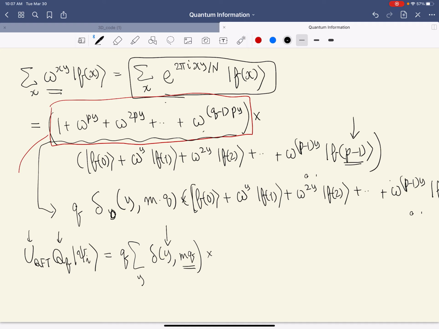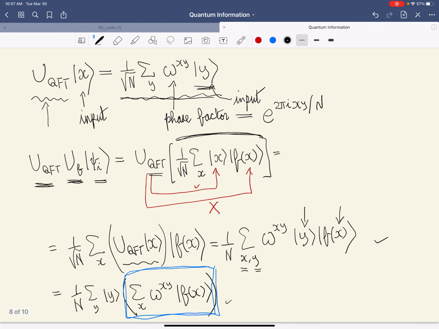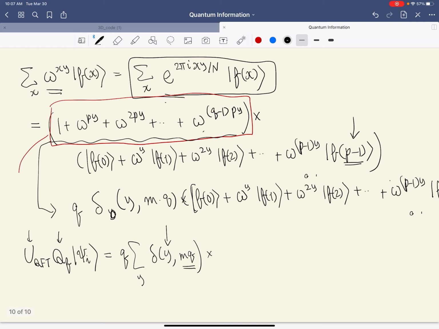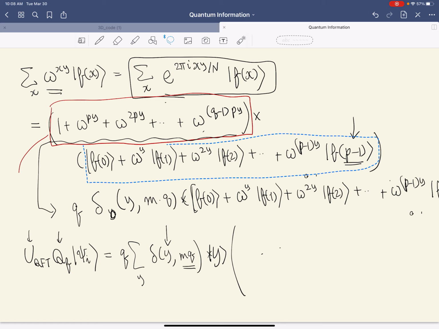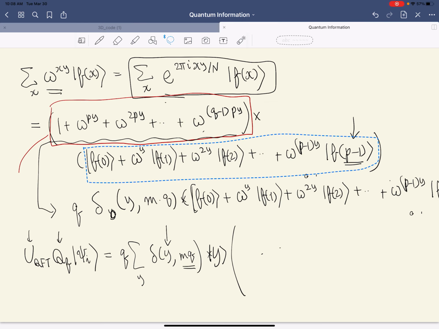And then the result is y multiplying, sorry, I'm going to have to cut and paste this thing again. Copy, paste.